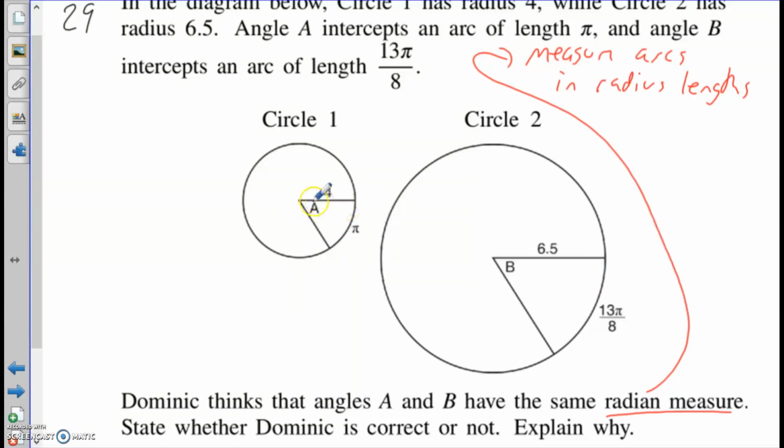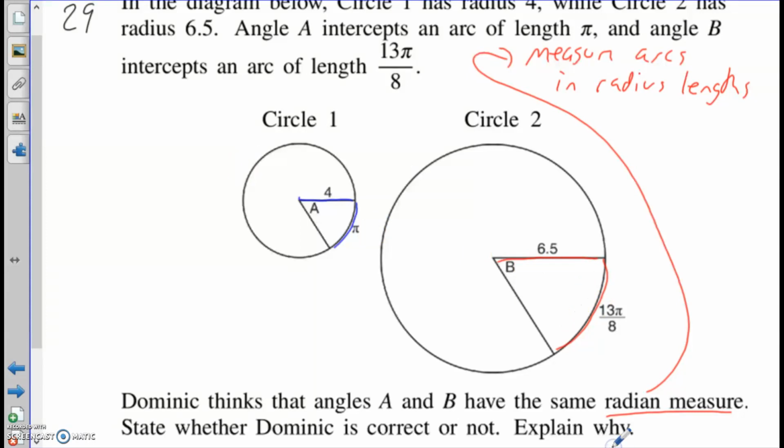Here's my radius of the circle, and here is the arc that we're talking about. I don't think they're equal, but let's say it's close to 1. This arc length is pretty close to this radius length. Well, this radius is bigger, but this arc is also bigger, and again, I would say it's pretty close to 1. So there's a good chance that these have the same radian measure. As the circle gets bigger, the arc gets bigger.